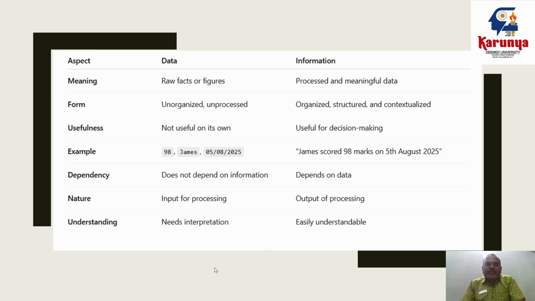As for usefulness, raw data is not useful on its own. But when it is processed, when we use it to take some decision, that is information. Then we have the dependency, the nature of data and information, and the understanding level. So this is the difference between data and information.